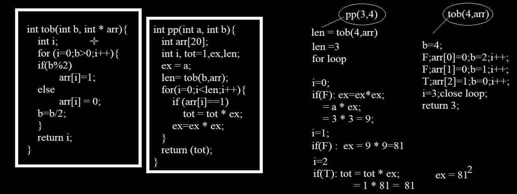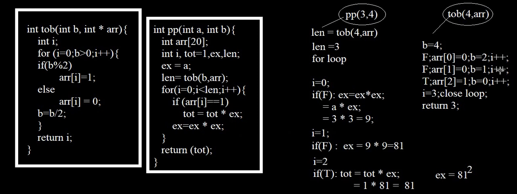And now we increment the I as in the for loop, and then again check the condition. B, which is 2 mod 2, which is 0, again the else condition, and the iteration is for I equals to 1, so array of 1 equals to 0, and b is 1. Why b equals to 1? Because 2 by 2 equals to 1.